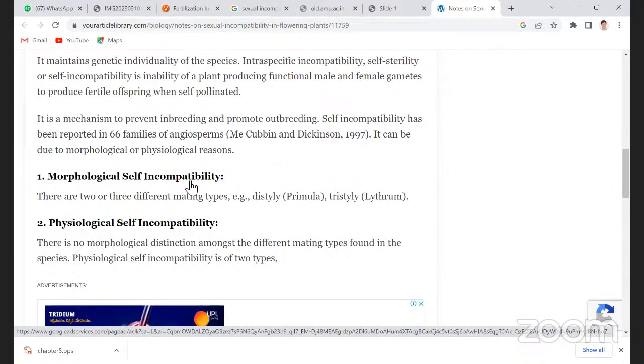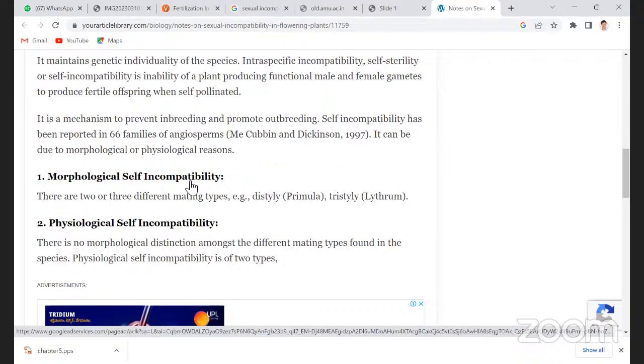Intraspecific incompatibility is self-sterility or self-incompatibility, the inability of a plant producing functional male and female gametes to produce fertile offspring when self-pollinated. So do you understand this one?